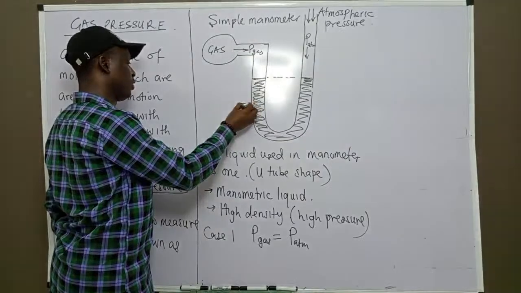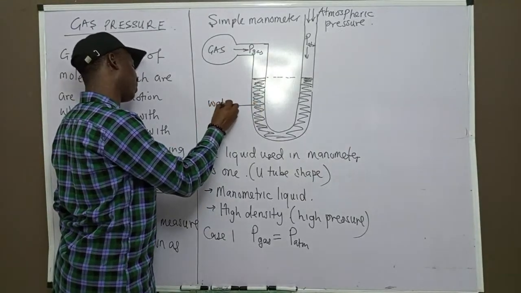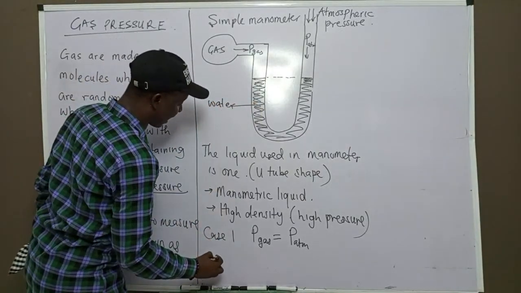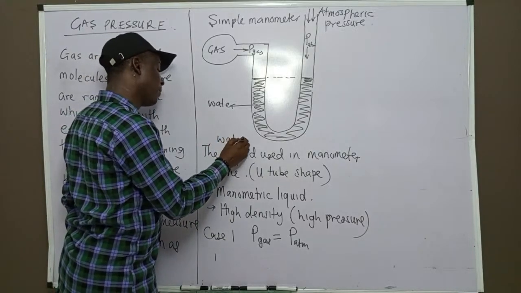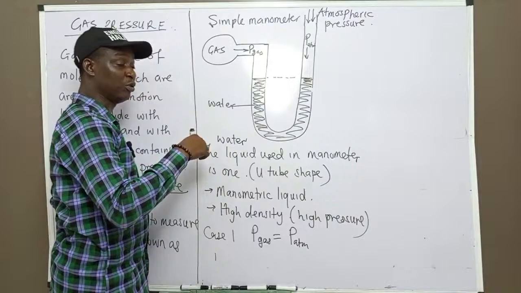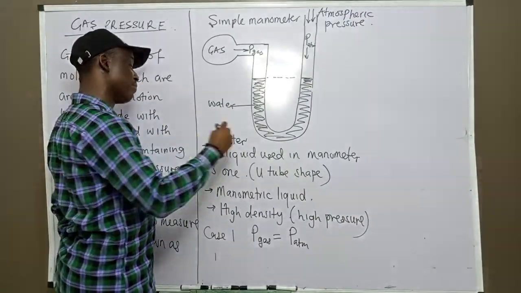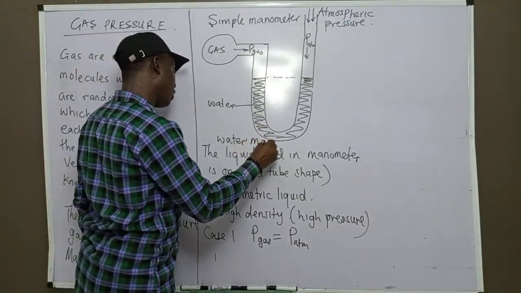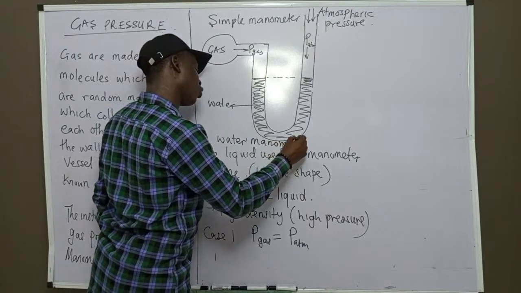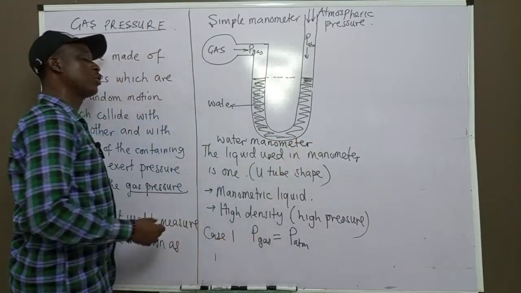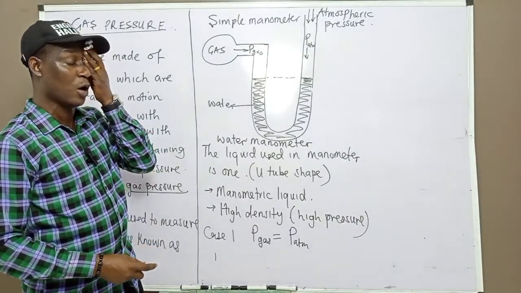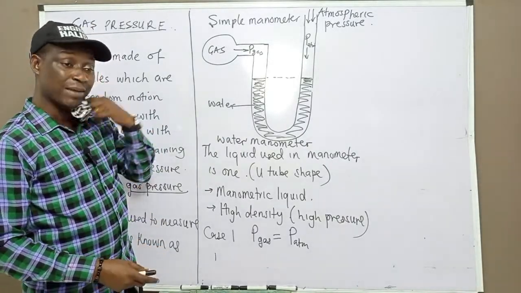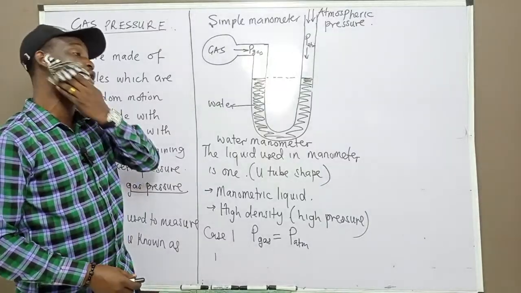Don't forget, let's say we use water, for instance, it becomes a water manometer. The name of the manometer will be based on the name of the liquid that is placed in the manometer. So we call this one a water manometer, because it is water that we use as our manometric liquid.